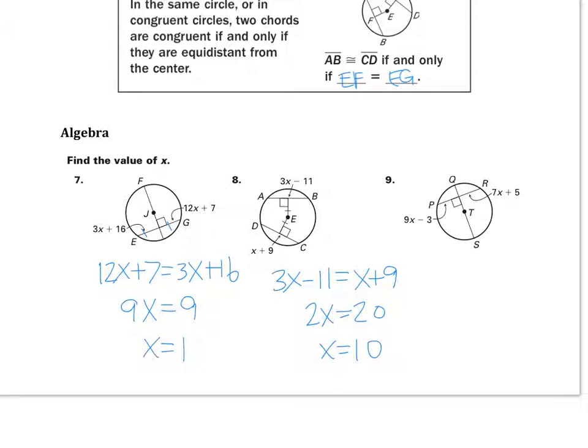In number 9, I have a diameter perpendicular to a chord, so it bisects the chord.